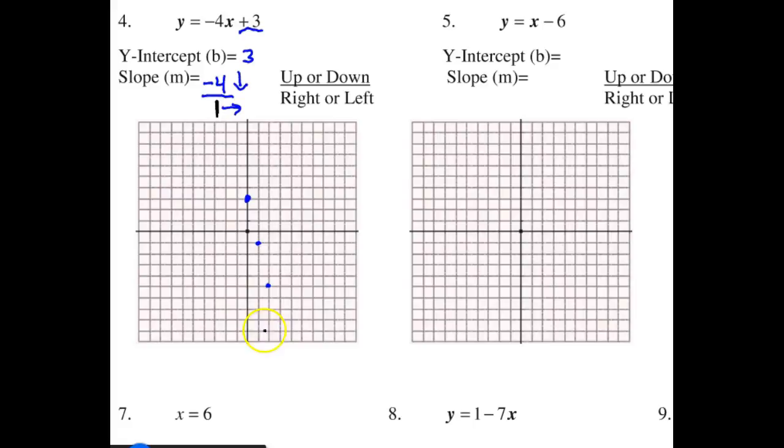We could also go up 4 and left 1. Same thing. And that's still on the same line. And I can't go up 4 again, it'll take me off the graph. So I'm going to stop there.